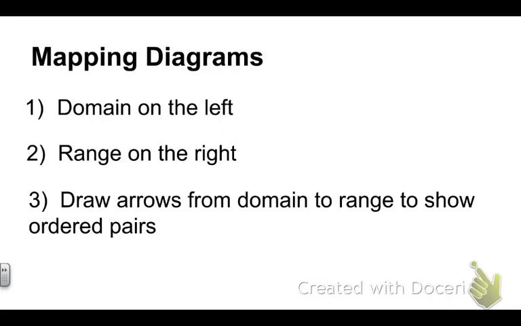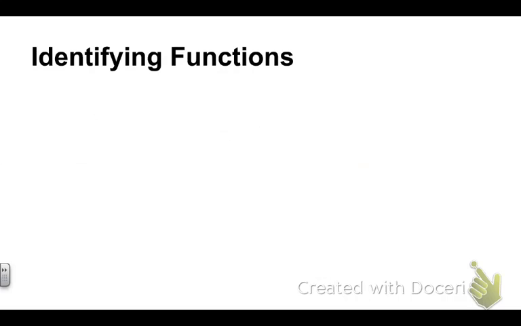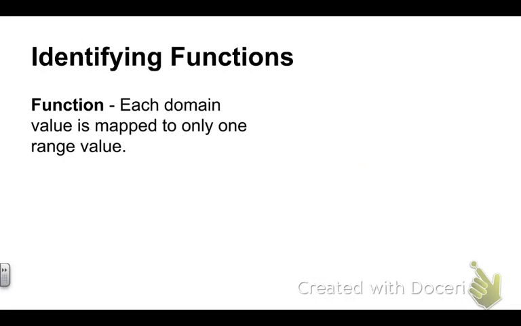And then we're going to draw arrows from the domain to the range to show the ordered pairs. What matches up? If you put in 7 and you get out 3, then you should have an arrow drawn from 7 to 3.